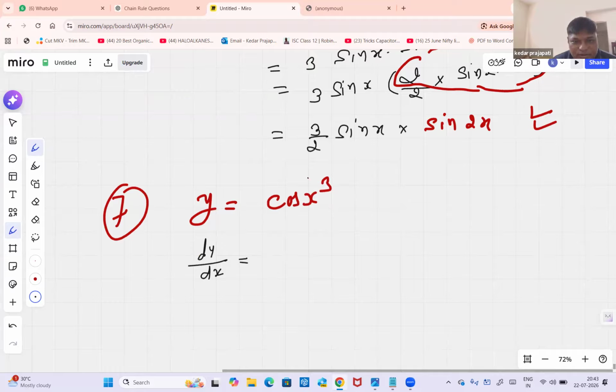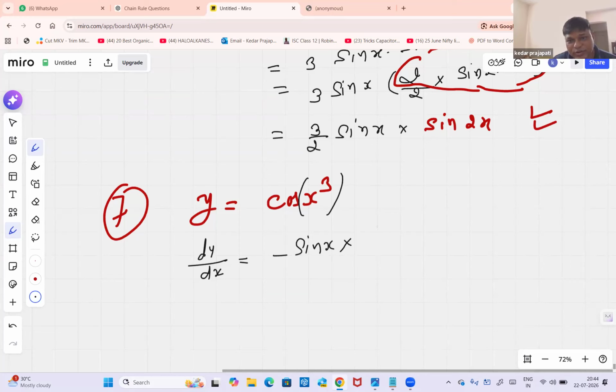This is theta. d by dx of cos x is how much? Minus sin x. So outside is done, but here we have x cube.